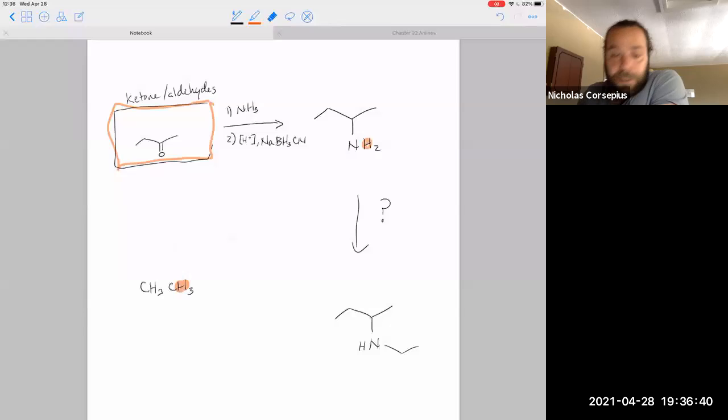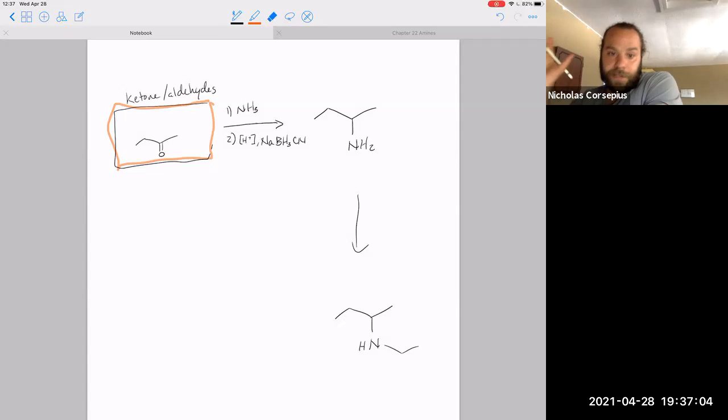So instead, it's going to be this reductive amination scheme again. You're going to be able to use this same sort of scheme. We just have to figure out what aldehyde or ketone we have to use in order to create our secondary amine here. Yeah, exactly. Not ethanone, ethanal, right? Because it's an aldehyde.